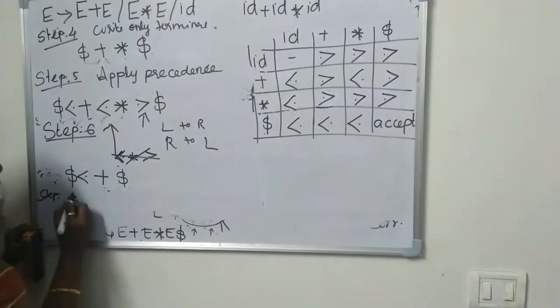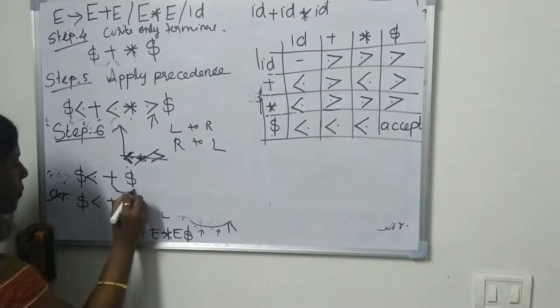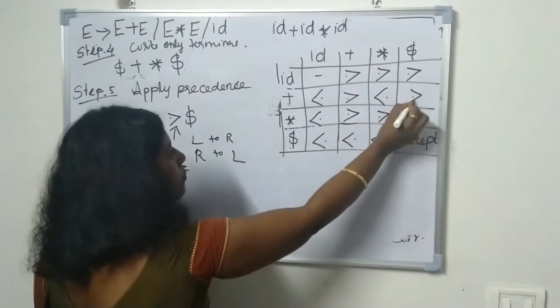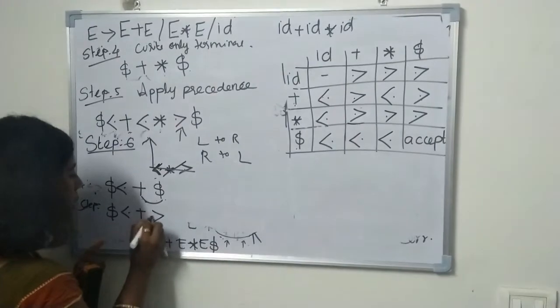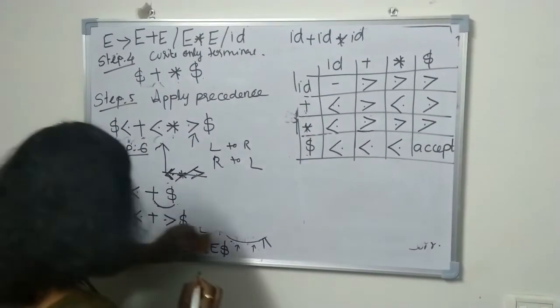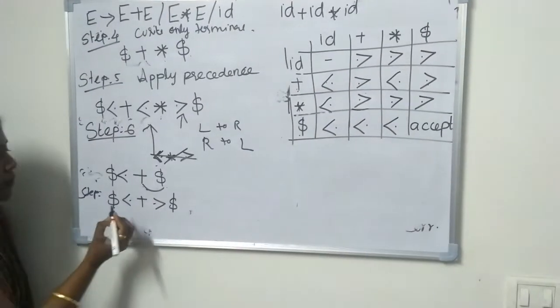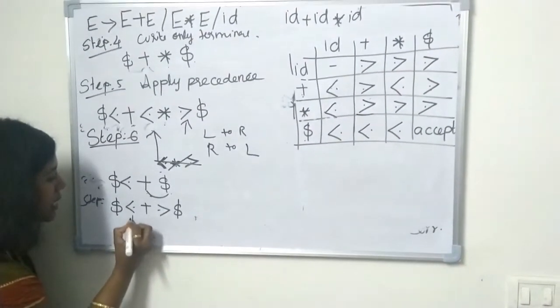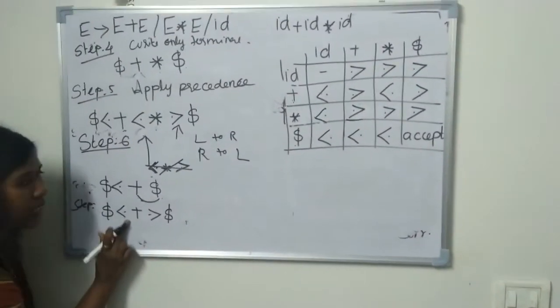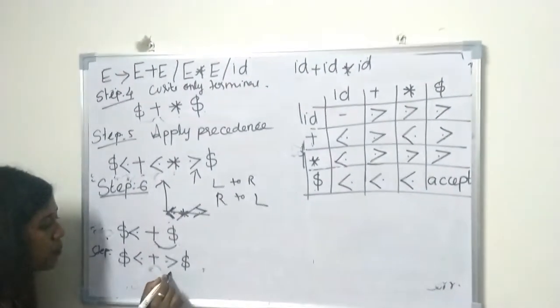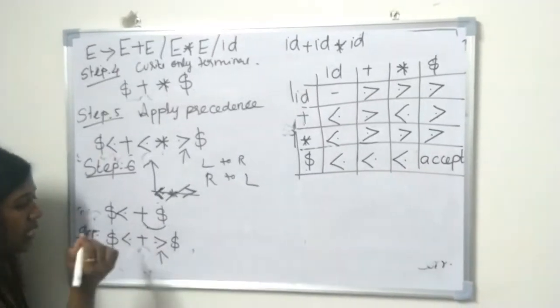So plus row and dollar column, we have precedence as star, then dollar. Now again we are going to scan from left to right. So less than symbol is there, so I am moving to the next position. So plus is there. Now again I am moving to the next position. Greater than symbol is there.